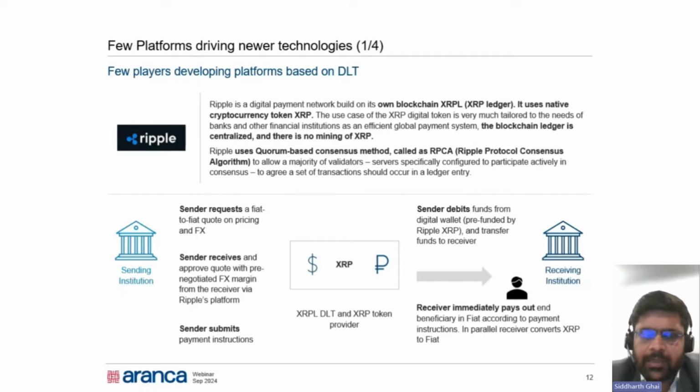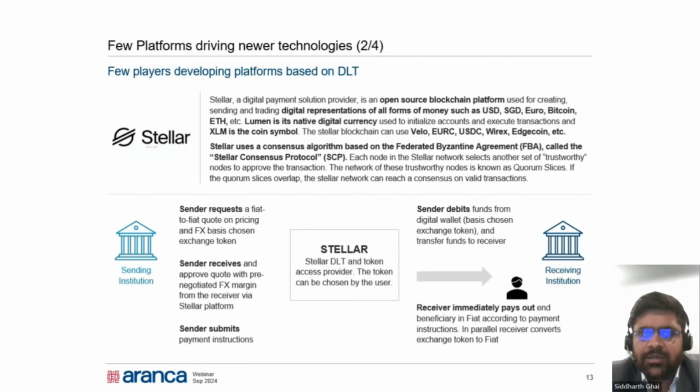Now coming next to Stellar as a platform. So Stellar is generally a platform which provides an open source blockchain platform. It has its native digital currency known as Lumen, and the coin symbol is XLM. So how Stellar is different from Ripple is that it provides an option to the user to select any of the blockchains that the user wants the transaction upon.